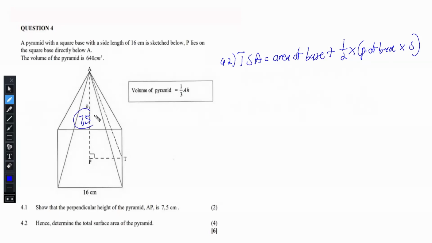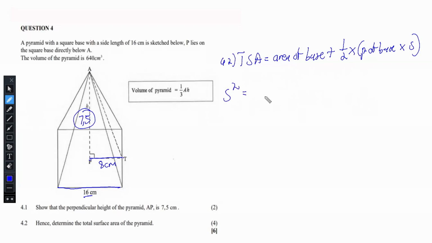So we have the 7.5 here, but then what is the length of PT? The base of the right angle triangle here would have to be half the base of the square. If it's 16, that means here we must have 8 centimeters. Now we have 7.5 and 8 centimeters. We can now calculate the slant height using Pythagoras theorem.